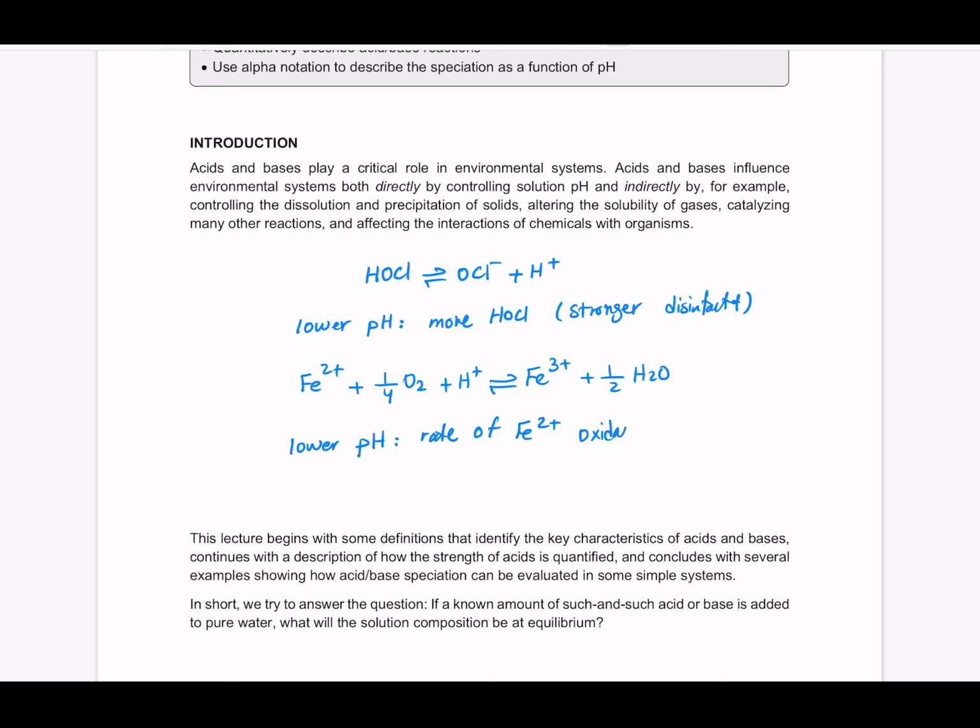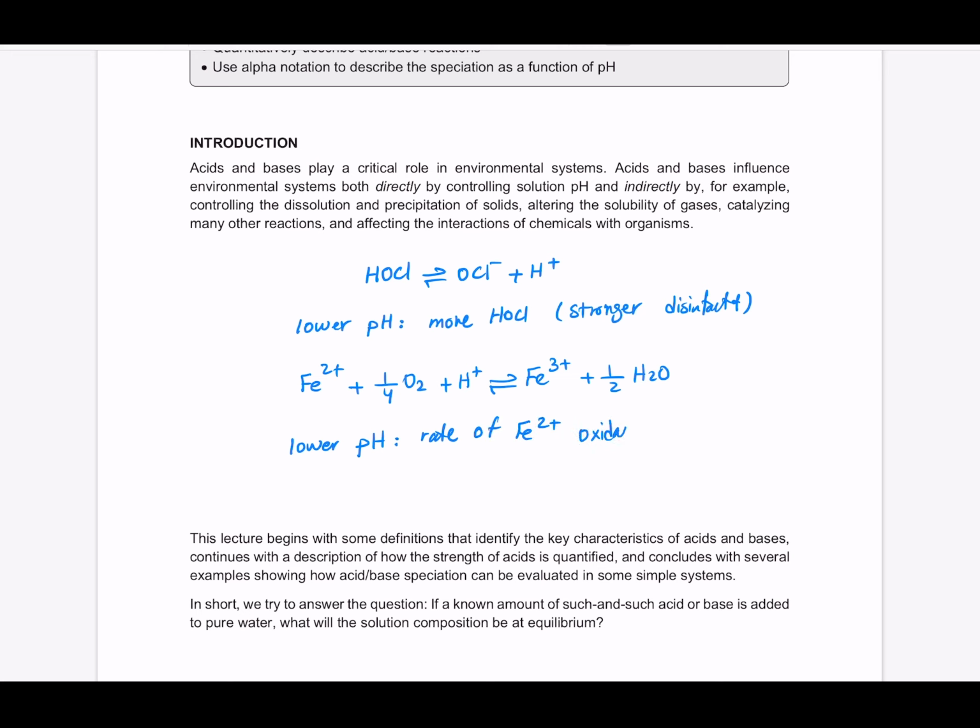But here we just want to highlight that Fe2 plus converts to Fe3 plus more. The rate increases. Just two quick examples of pH that impacts, in this example, directly some of the chemical reactions that we had, or some of them that we're going to talk about.